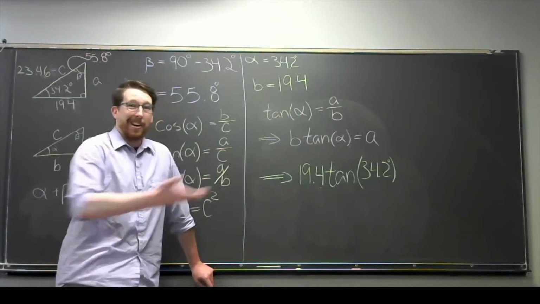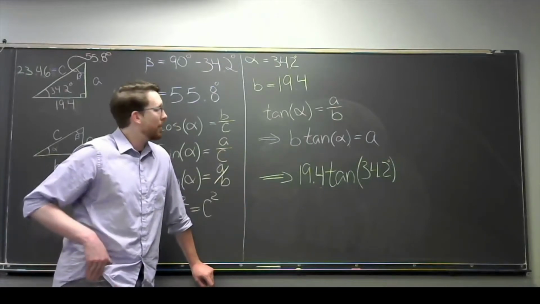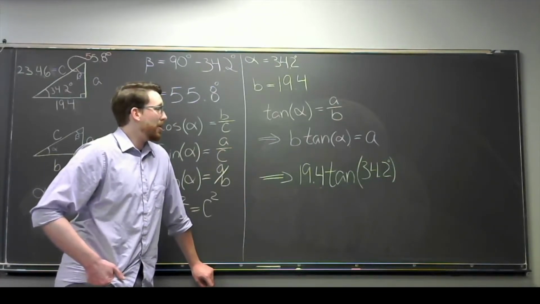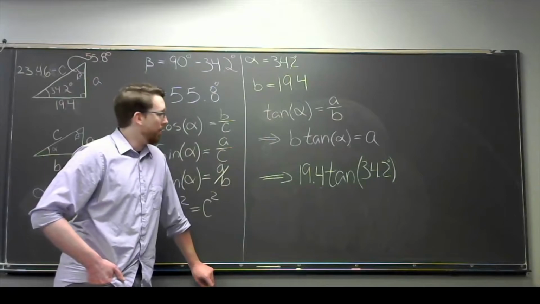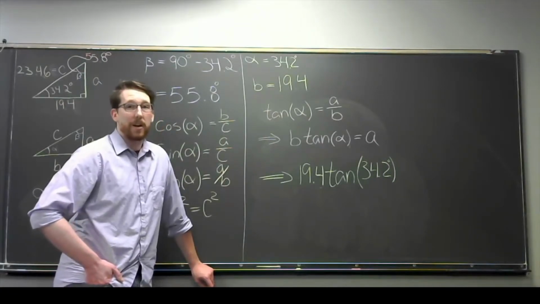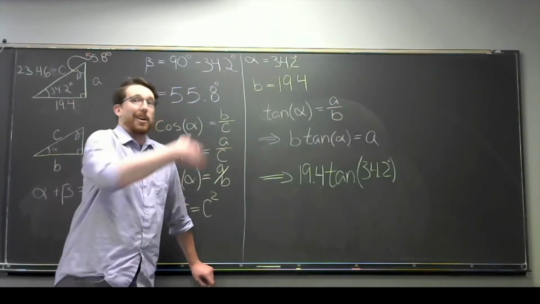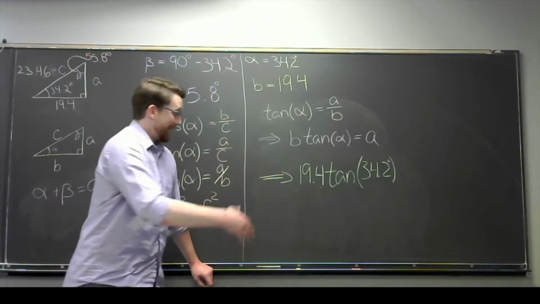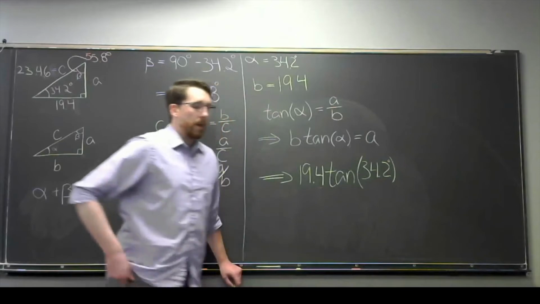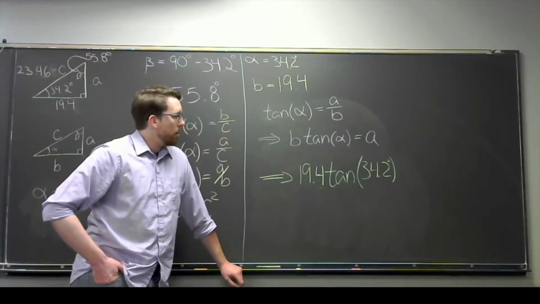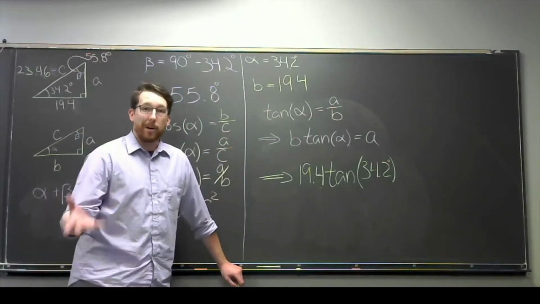So again, I have no idea what the tangent of this is. I know it's not going to come out to be a nice number. So I'm not going to have any real way of calculating what 19.4 times the tangent of this not nice number will be. So we type it into our calculator again.